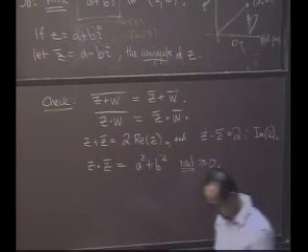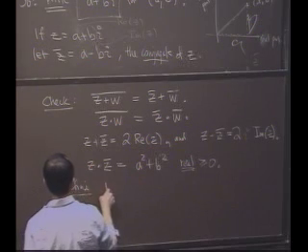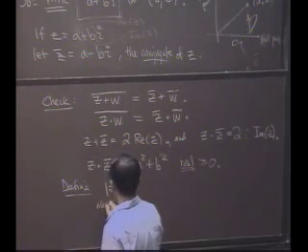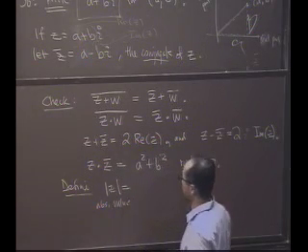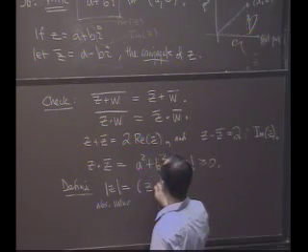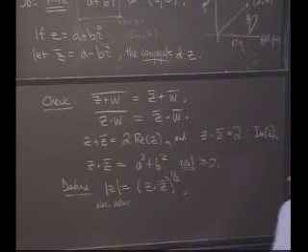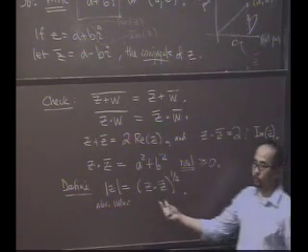So in fact, we will define the length of z, the absolute value of z, or the magnitude of the complex number, to be (z times z bar) to the 1/2. Everybody with me?